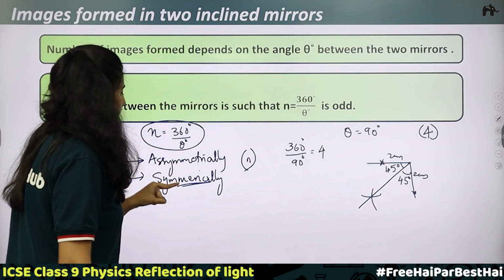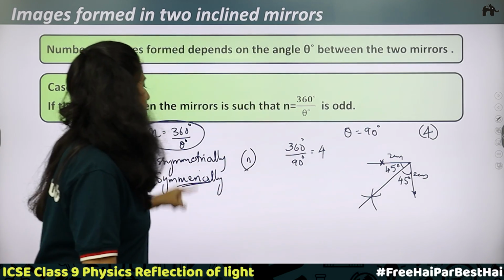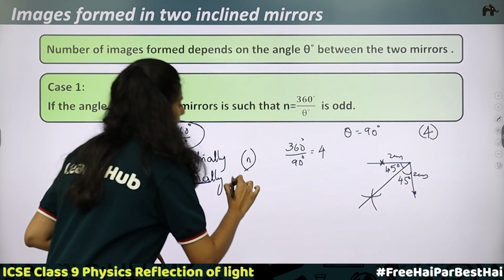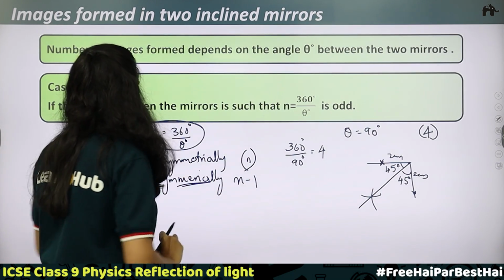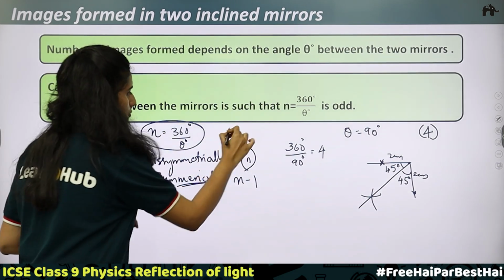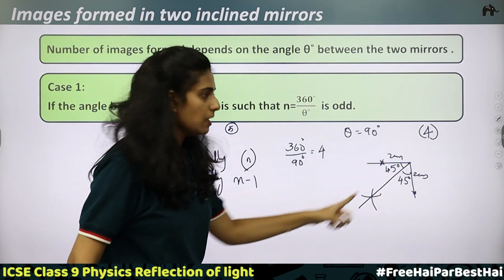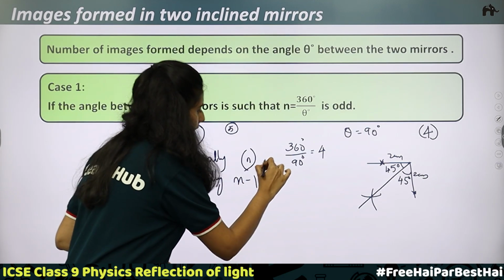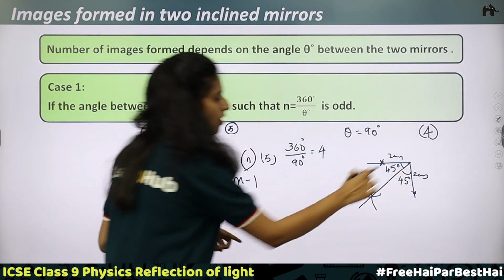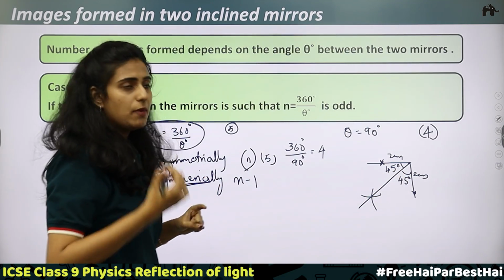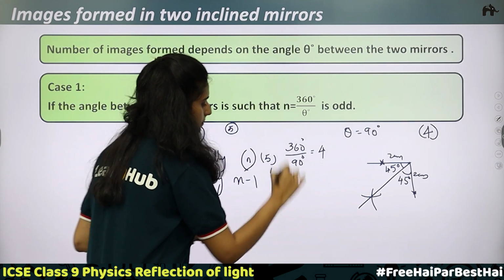Now the second case, if you are placing the object on the bisector, in that case, the number of images will be n minus 1. For example, if you are getting n value equal to 5, if you are placing the object anywhere other than the bisector, you will be getting 5 images. And if you are placing an object on the bisector, you will be getting n minus 1 images, which means 5 minus 1 equal to 4 images.